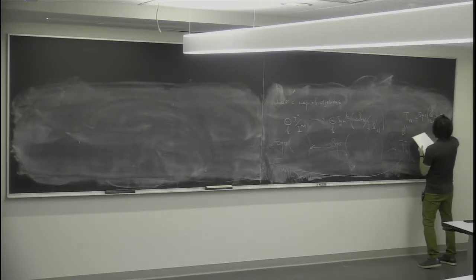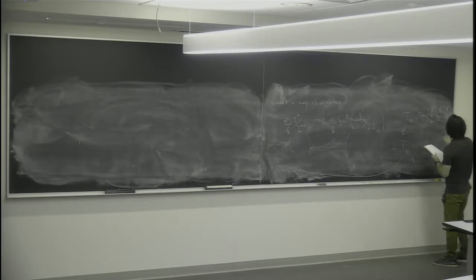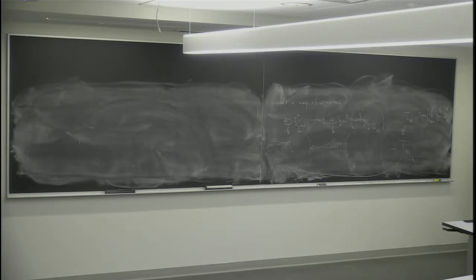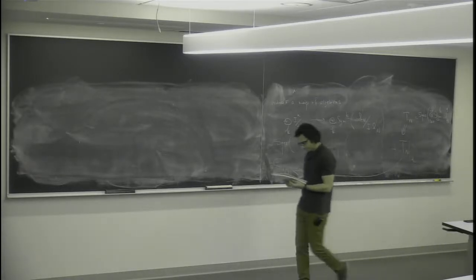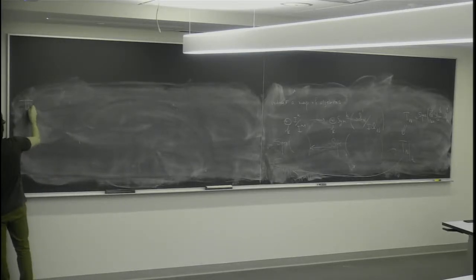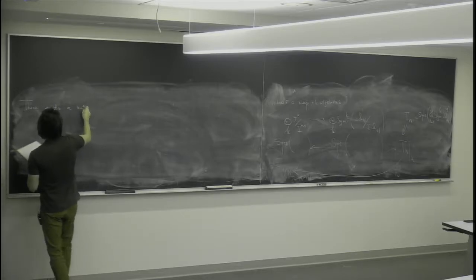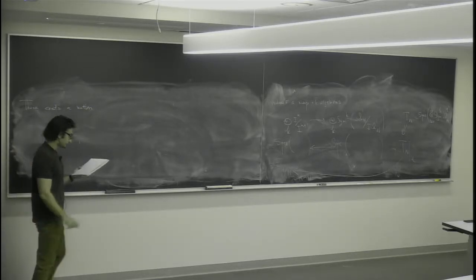The normal cone is defined as the stack quotient. This is important. The stack quotient of the normal cone of U in W by this guy.